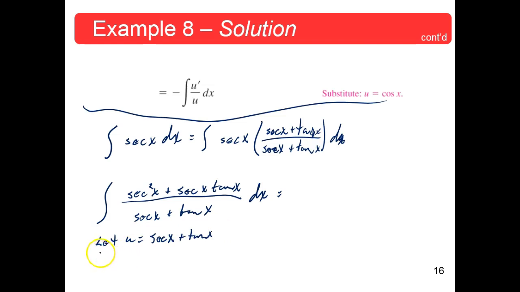And what do you get next then? Then, what's always your next line? du is equal to, what's the derivative of secant x? Anyone remember? Derivative of secant x. If you got in front of the book, look at it and see what the derivative of secant x is.